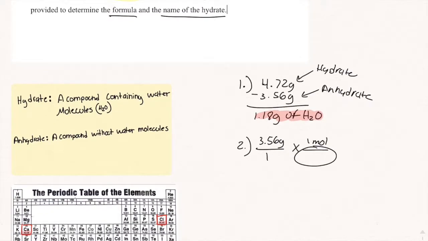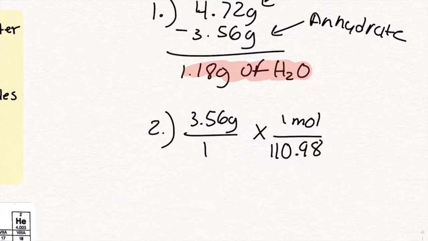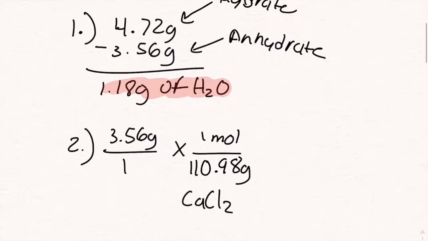So when you add 40.08 and 35.45 together, you should end with 110.98 grams. You can put CaCl2, calcium chloride, but it's not important or necessary.